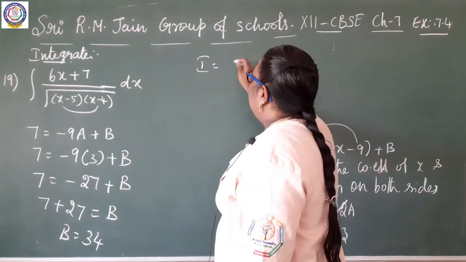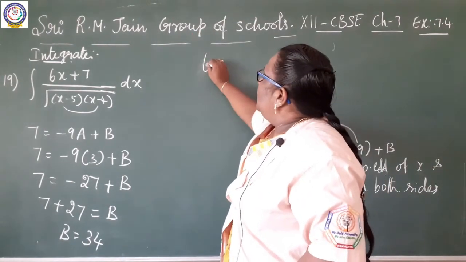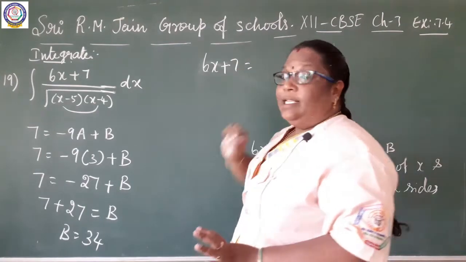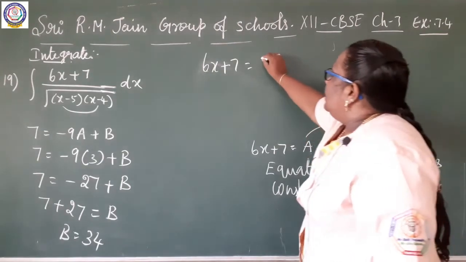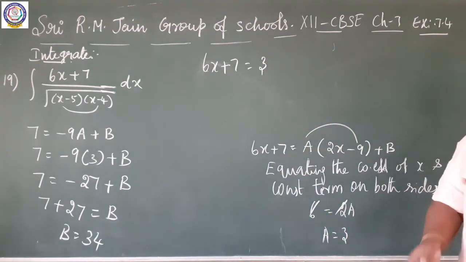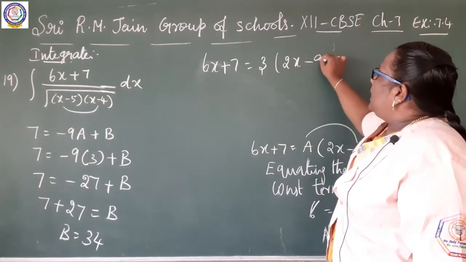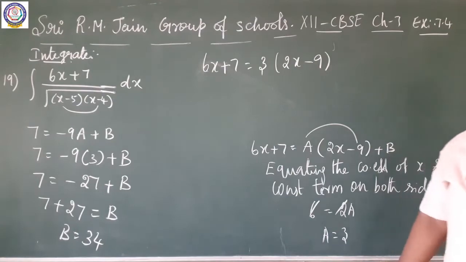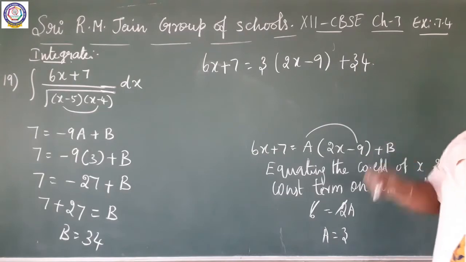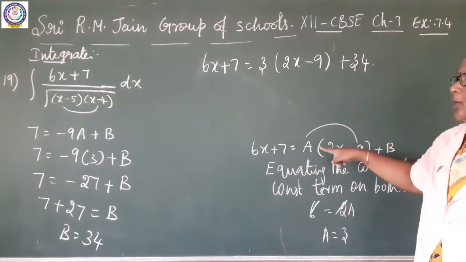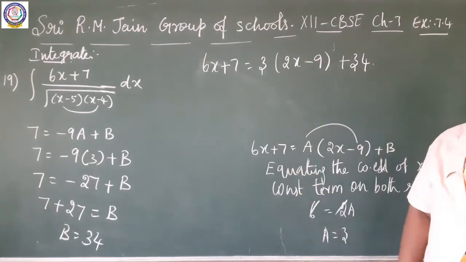So I equal to integral, that numerator value 6x plus 7 you changed into a into d by dx, that is 3 into 2x minus 9, plus b, whose value is 34. 6x plus 7 equal to 3 into (2x minus 9) plus 34.